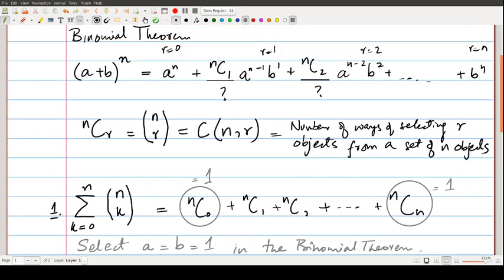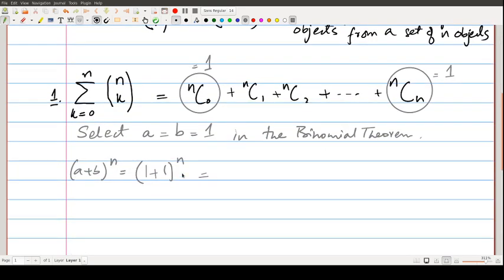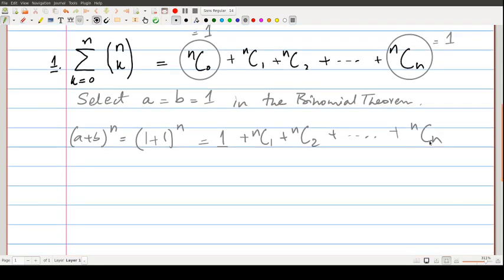Now a is 1 and b is 1, right? So 1 to the power n is just 1, and all of these terms in a and b are just 1, so they're multiplying by 1. So all I'm going to get is 1 plus nC1 plus nC2 plus dot dot dot up until nCn, which was also, by the way, just equal to 1. And so I can rewrite this as nC0 plus nC1 plus nC2 plus dot dot dot plus nCn.